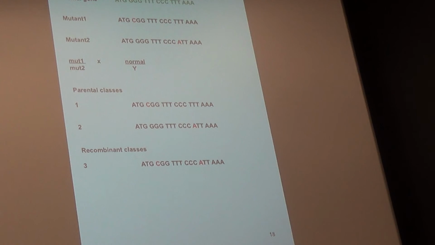We exchange DNA. But it's reciprocal, so you have to go in the other direction as well. So when you go in the other direction, you go ATG, GGG, crossover, TTT, CCC, TTT, AAA. And this looks like the normal gene. So you've recreated the normal gene. Right? And that's why you get the red-eyed male flies, the 4 red-eyed male flies that you found.